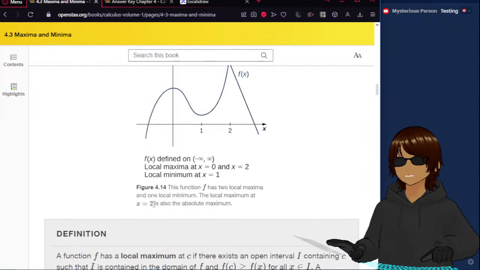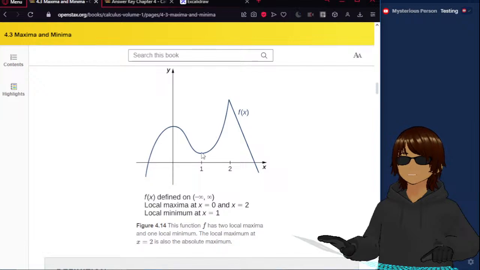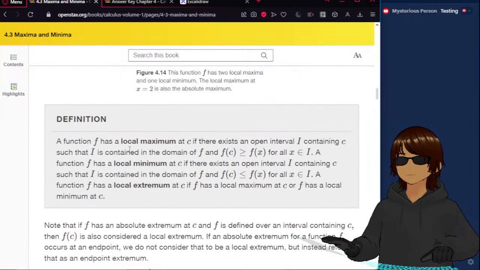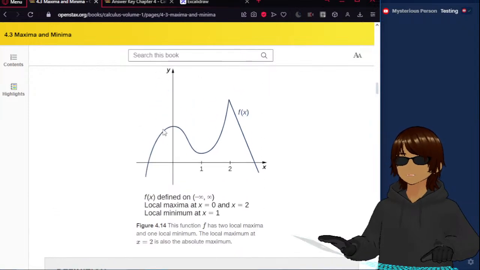Wait, I don't understand this definition. This is a local maxima, this is a local maxima, this is a local minimum. Okay, I got it. That means we can draw an interval around it such that f of c would be the maximum or minimum.